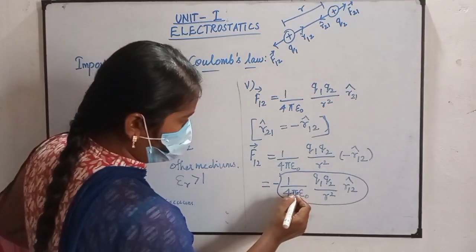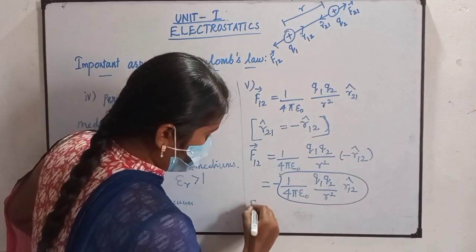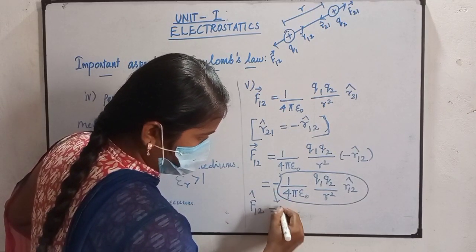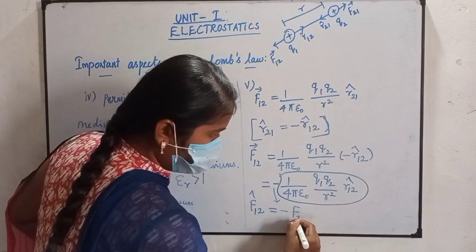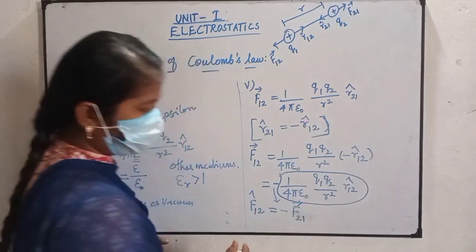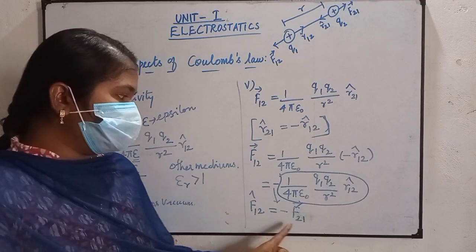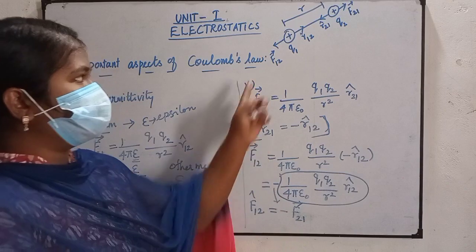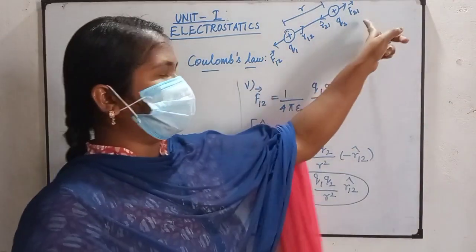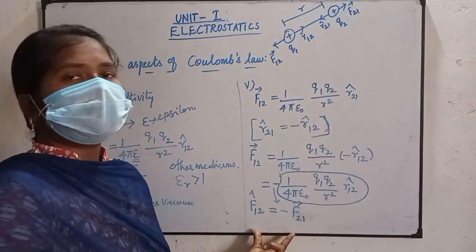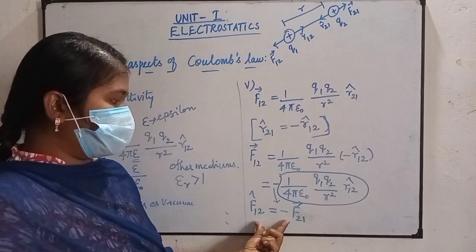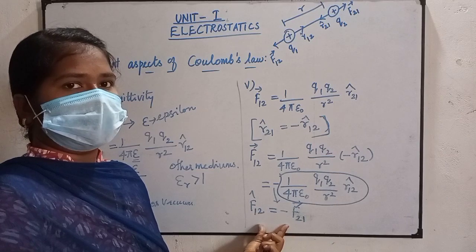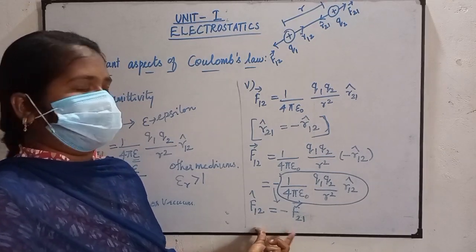Now I substitute F21 here, so F12 is equal to minus F21 vector. Both forces are in opposite directions. This aspect gives the direction of these two forces.